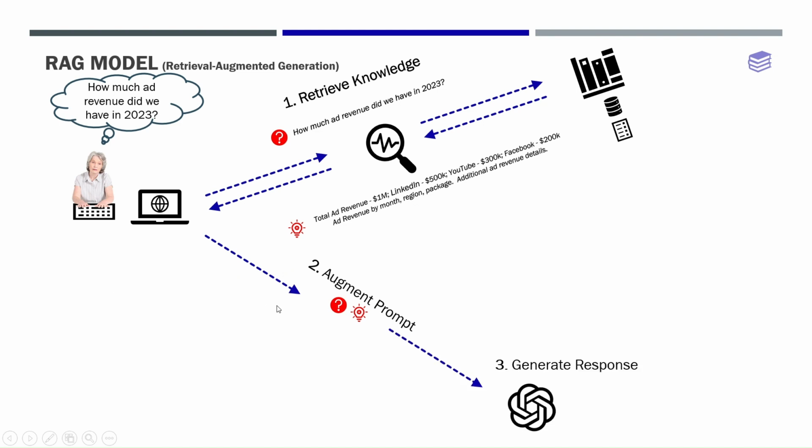So the prompt and the knowledge that came back from the knowledge repository is packaged up and sent into ChatGPT. Not the external ChatGPT, but the ChatGPT language model that could be leveraged in multiple sources, whether it's Azure or another source. And then that model takes the knowledge and the question and generates a response.